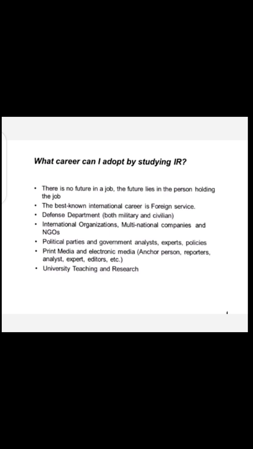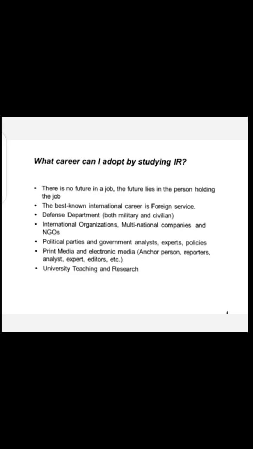Then you can easily get employment opportunities in international organizations, multinational companies and NGOs, that are not-for-profit organizations. You can be a university teacher or research assistant.